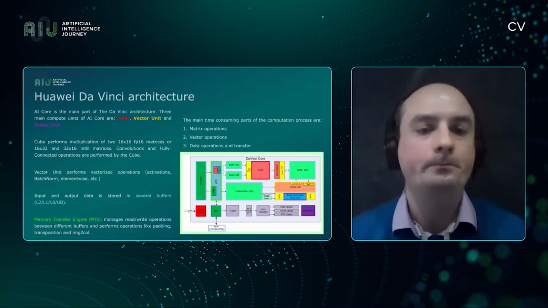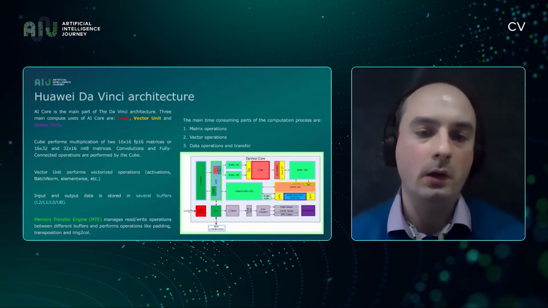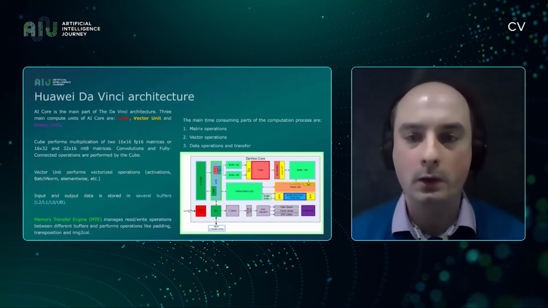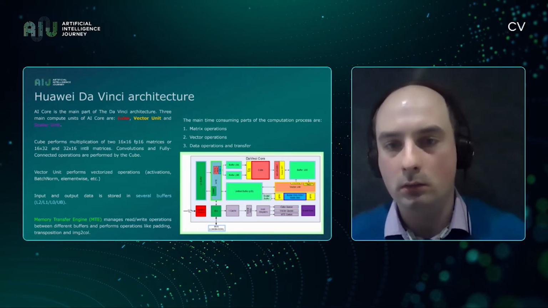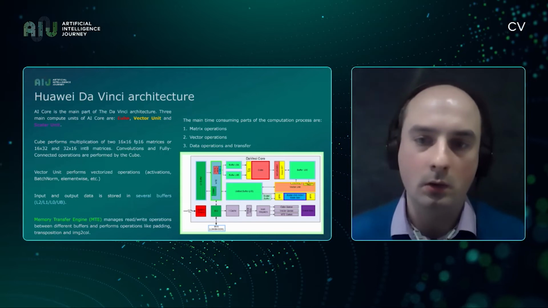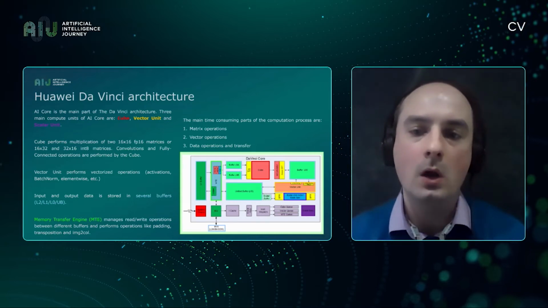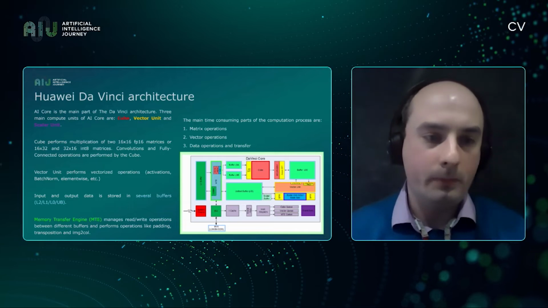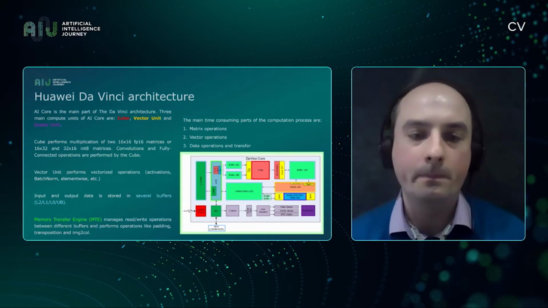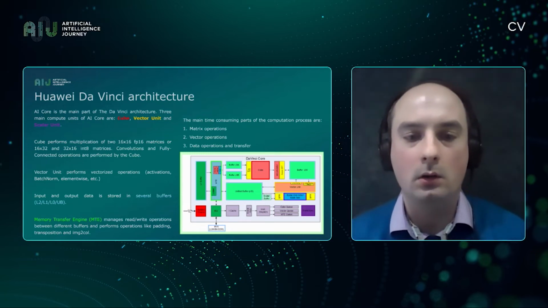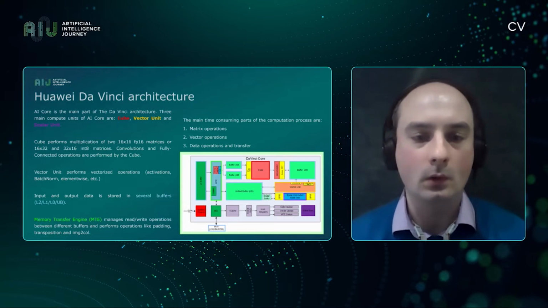The third unit is the scalar unit, and there are non-computing units like a number of buffers, L2, L1, L0, unified buffer. They have different sizes. They are connected by different channels and throughput. And the last important element is the so-called memory transfer engine, MTE, that manages read and write operations between different buffers.